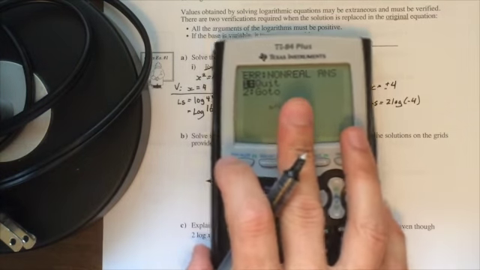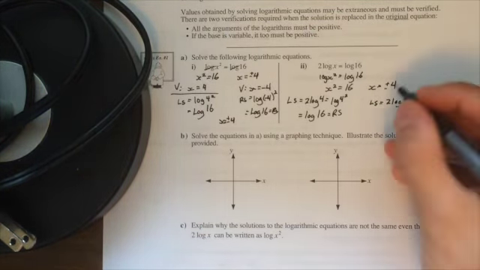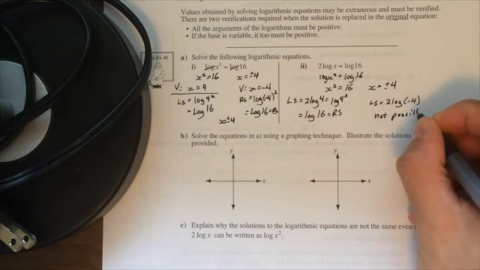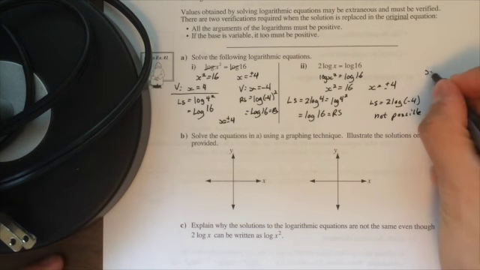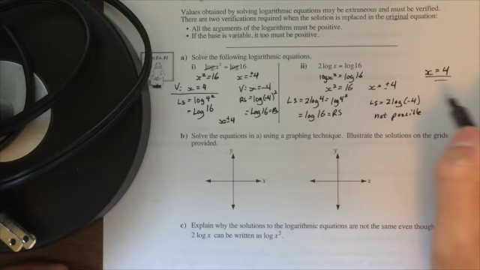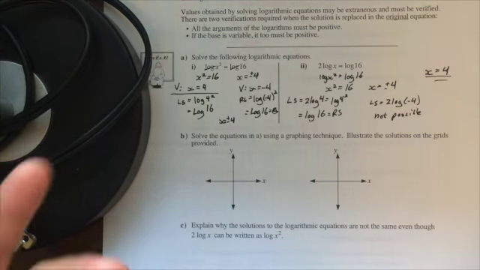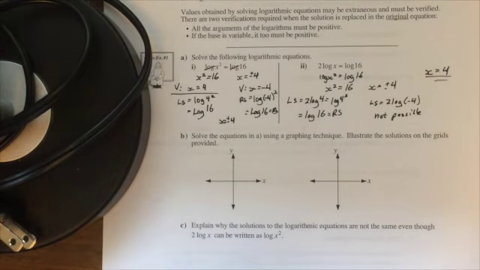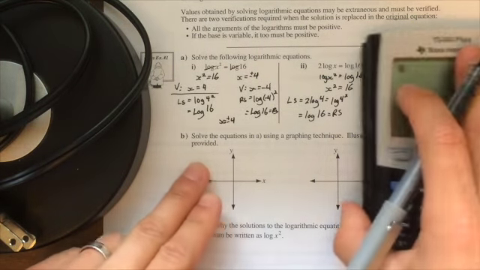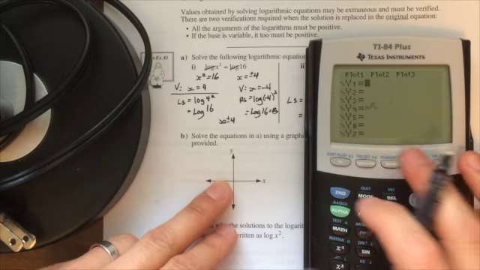It's a non-real answer. And so that tells us that it's not possible. So in this situation, x is only equal to positive 4, not negative 4. So there's going to be situations where we do need to verify whether or not it's a suitable answer.